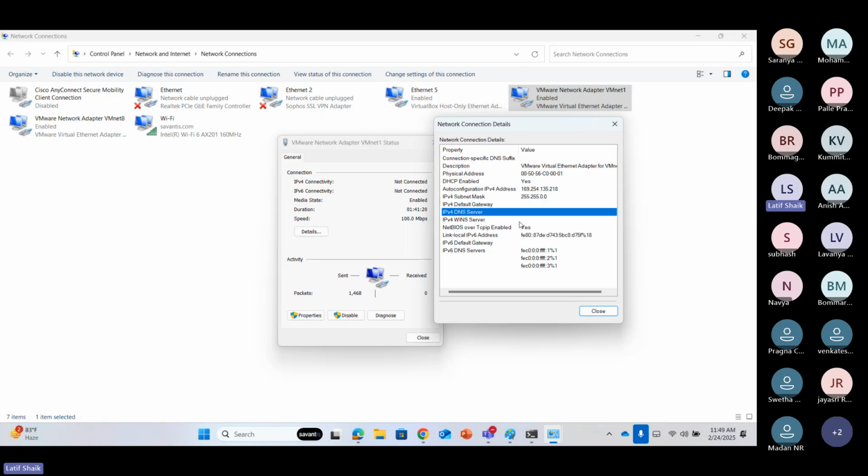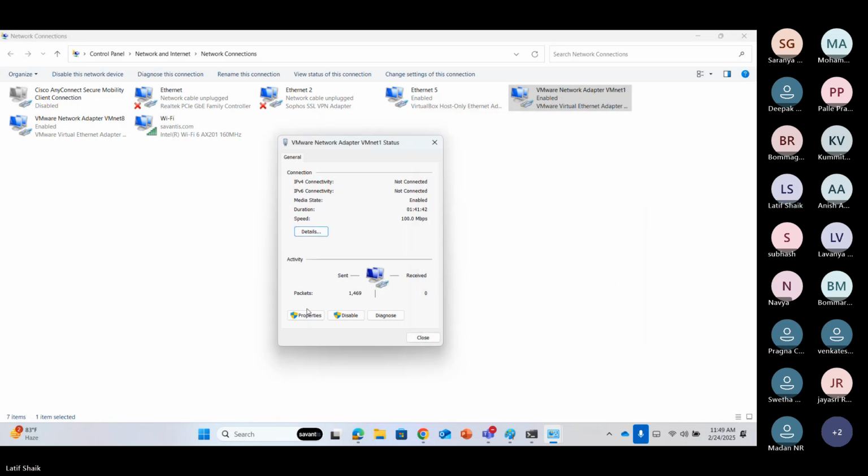But where is the DHCP server? If you got an IP address from a DHCP server, definitely the DHCP server IP address will show, right? It's not showing that one. And it is showing DHCP enabled, and you got a 169.254 address, and it is showing Autoconfiguration IP address.